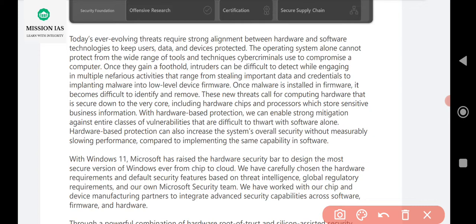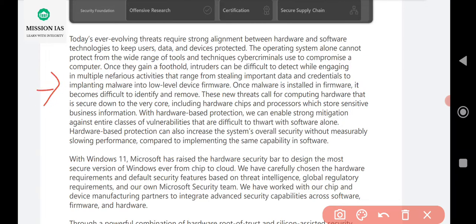Once they gain a foothold, they can be difficult to detect while engaging in multiple nefarious activities. Nefarious, please make a note of this, whoever is learning cyber security.